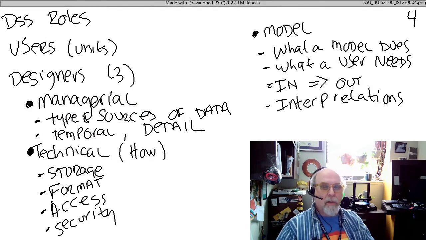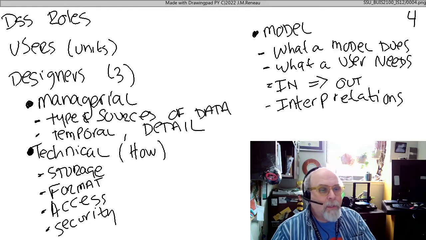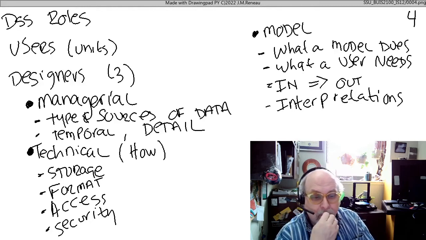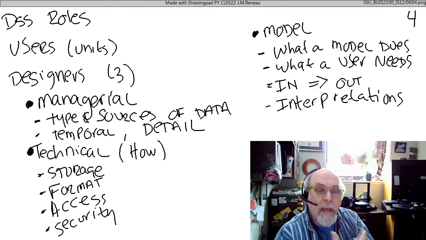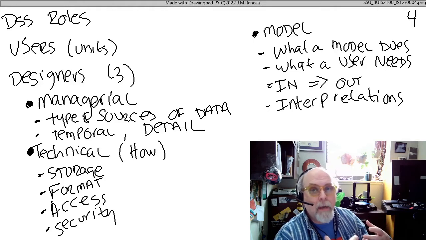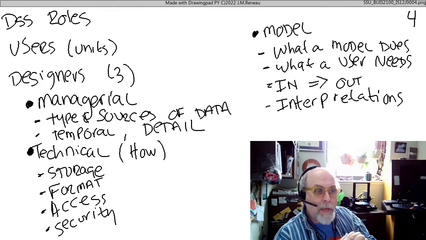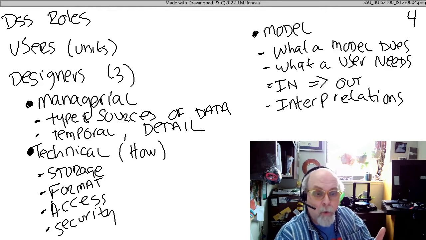So within a decision support system, we have users and designers that help to use and create the decision support system. The designers are broken up into 3 general categories. The first is the managerial designer, and the managerial designer understands the types and sources of data. What kind of data do we have to feed into the system? Well, that's the kind of thing management should know and know how to get.